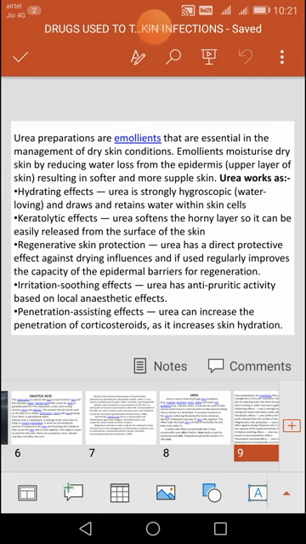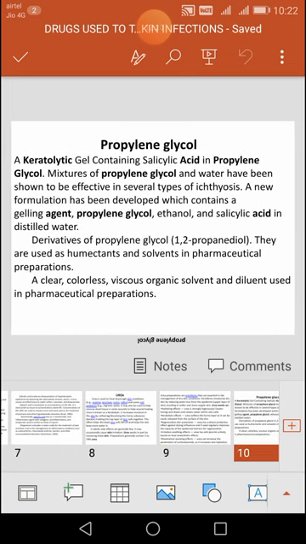Then irritation or soothing effects, that is, urea will act with antipruritic activity. And next, assisting penetration, that is, urea can increase the penetration of corticosteroids as it increases skin hydration.